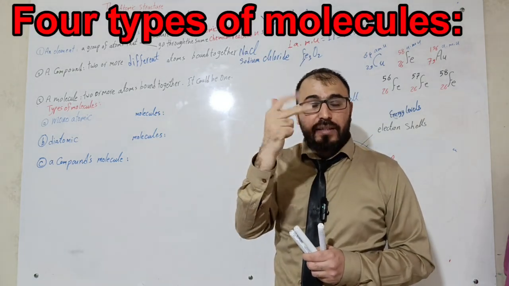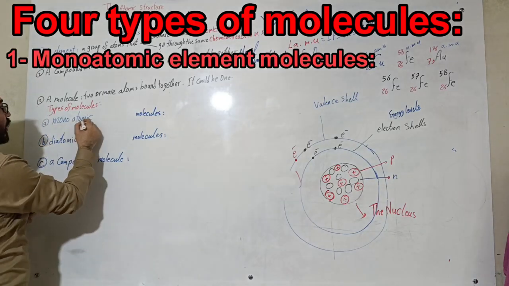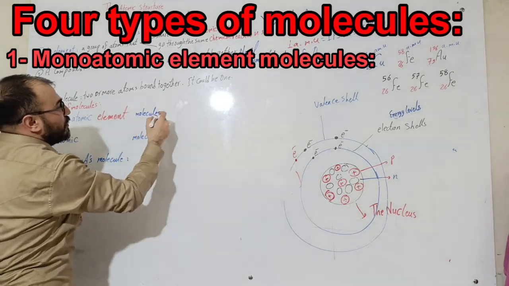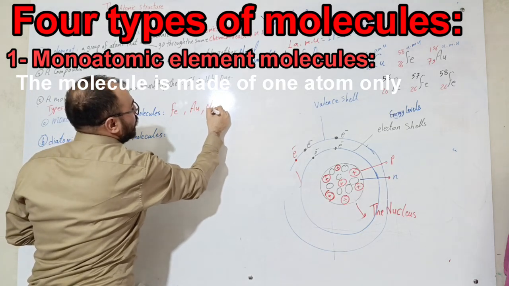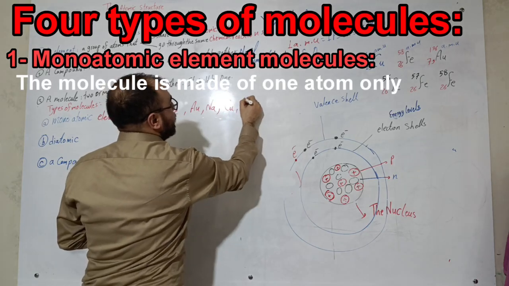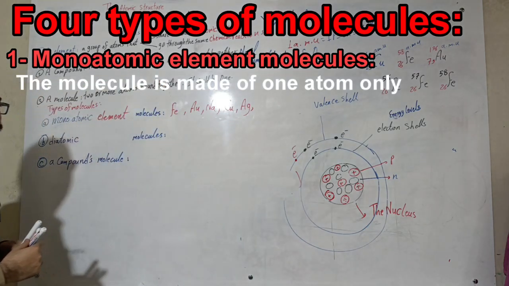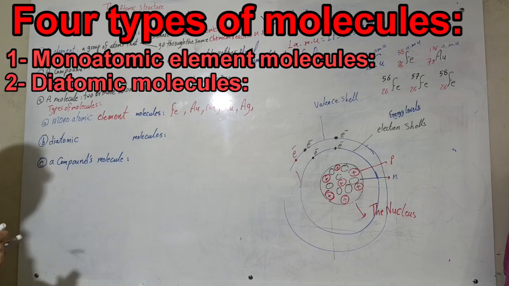And we have three types of molecules. The first one is monoatomic element molecules like iron, gold, sodium, copper, silver, generally metals.